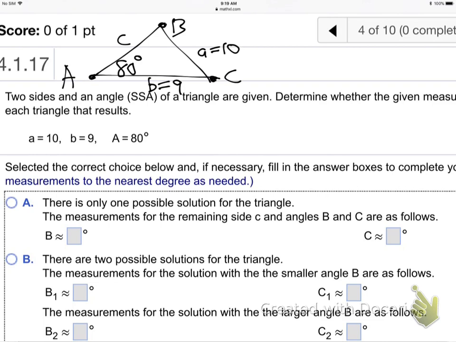Okay, so did you find capital B? So you have that picture, right? Is that good? Try to find capital B.